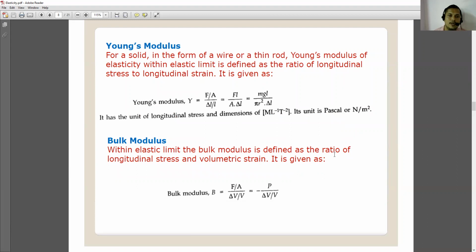It is given as Young's modulus, which is nothing but capital F upon A, that is longitudinal stress, internal force upon area, divided by longitudinal strain, that is change in length divided by original length.